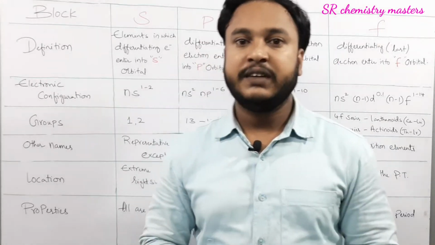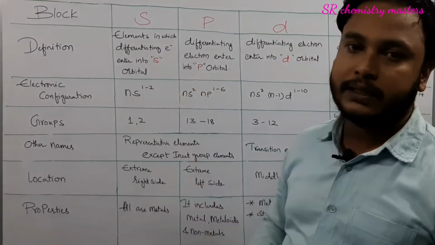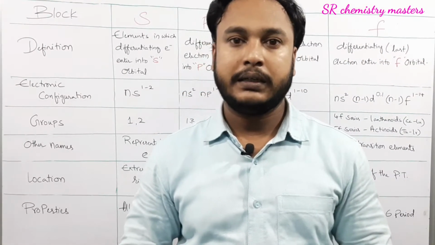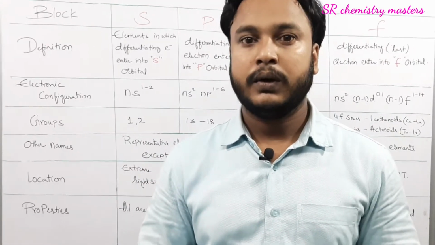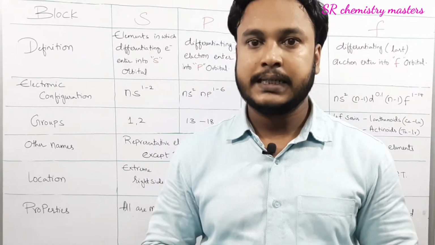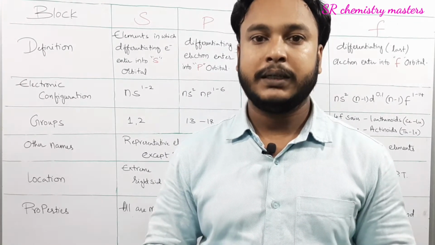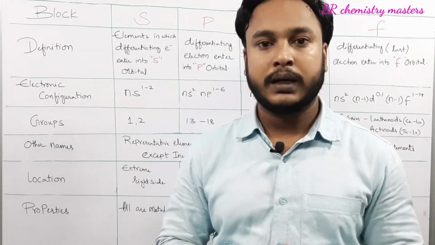Let us see. The definition for the S block is the elements in which the differentiating electron, as you know, is nothing but the last electron. When we write the electronic configuration, if the last electron enters into the s orbital, then that element is considered as an S block element.